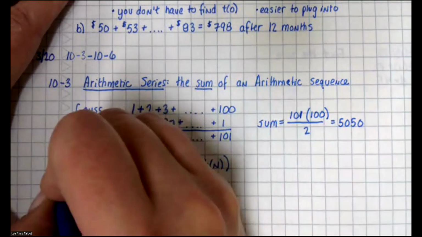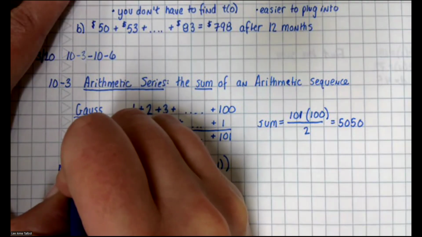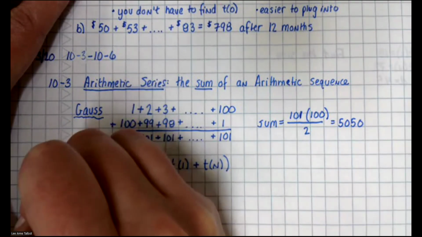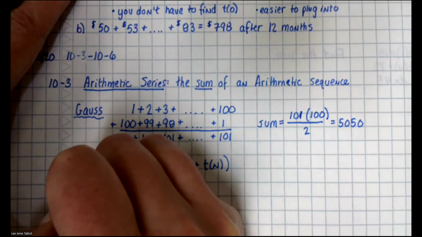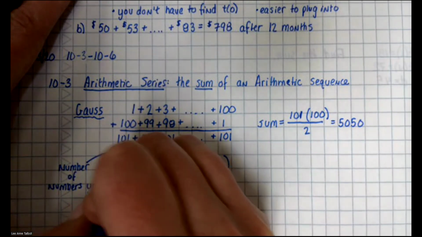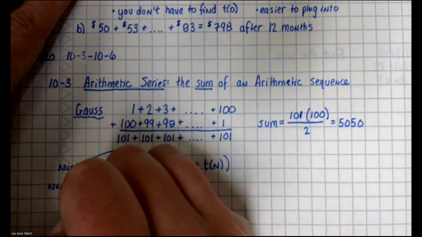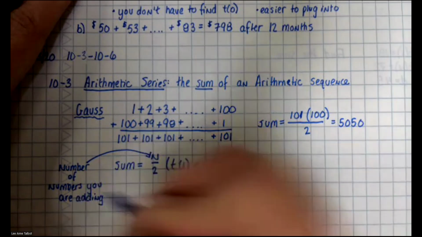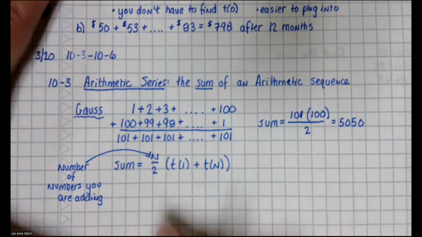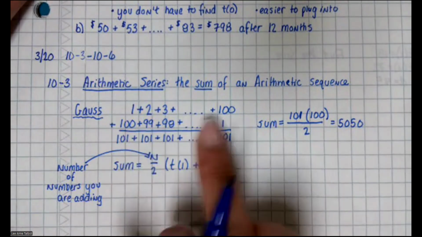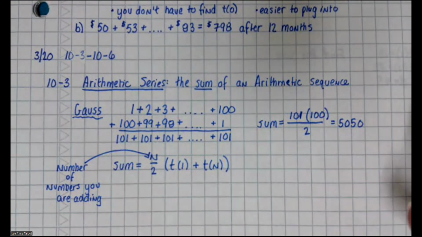N is the number of numbers you are adding. In Gauss's case, that would have been 100 because he was adding 100 numbers together.